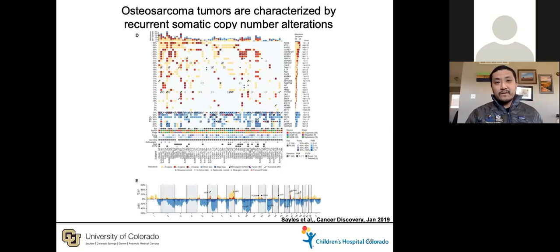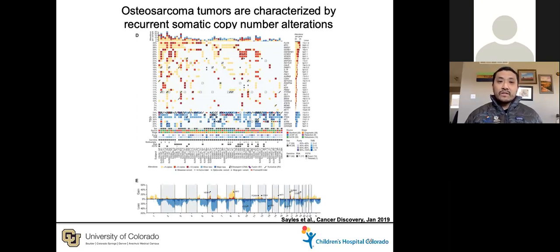Next, I'd like to talk about osteosarcomas, one of the most complex chromosomally rearranged sarcomas. So this is a paper from Alejandro Sweet-Cordero's group from UCSF that was published 2 years ago, and it's considered somewhat a seminal paper in this field, where until then everyone was trying to find mutations, and there are definitely recurrent mutations like P53 and RET, but he also really showed that you can subgroup these patients based on these recurrent somatic copy number alterations.